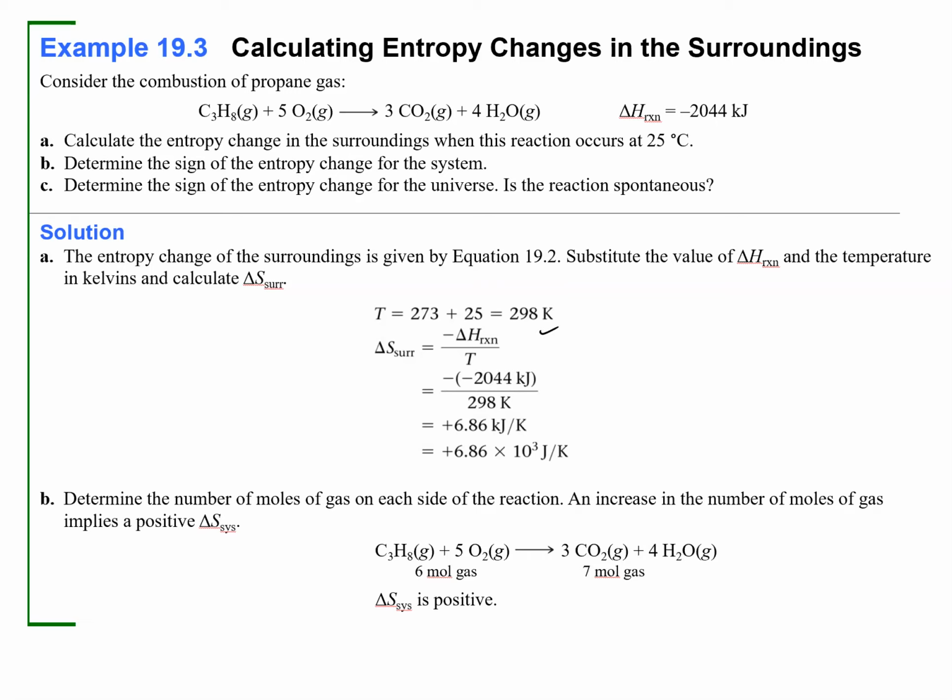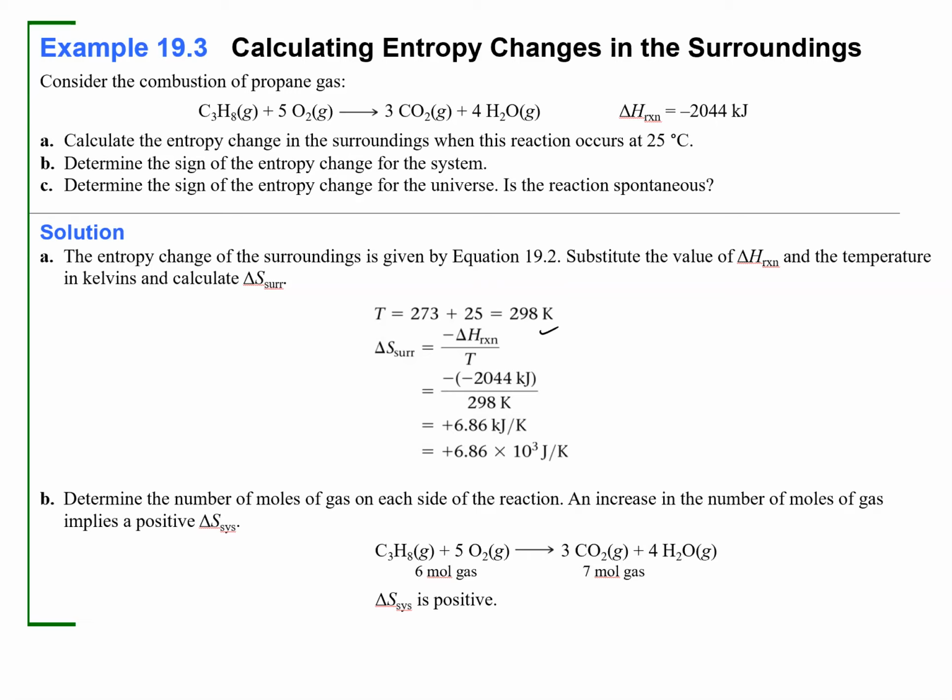And so our delta S of the surroundings is going to equal the minus delta H for the reaction over T. So for the reaction, in terms of kilojoules, it's negative 2044 kilojoules divided by 298 Kelvin. And this is going to give us a positive 6.86 kilojoules per Kelvin, which you could report in joules if you were inclined to do so.